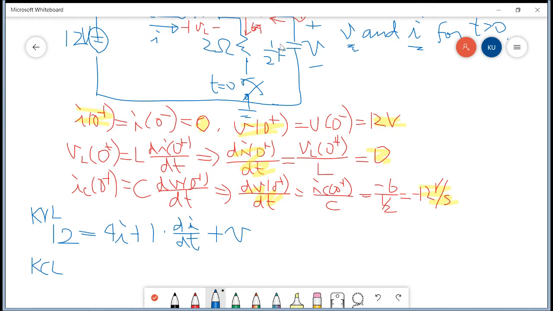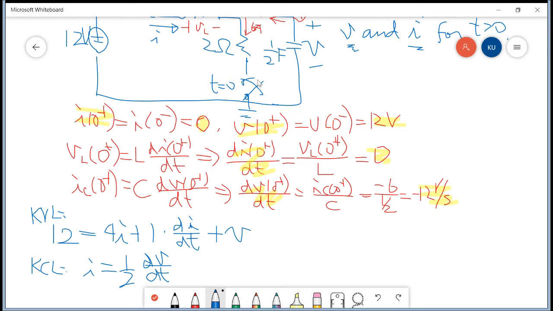KCL at that node. So this current is I. So we have I, and this current is C dV/dt. C is 1/2, and dV/dt.